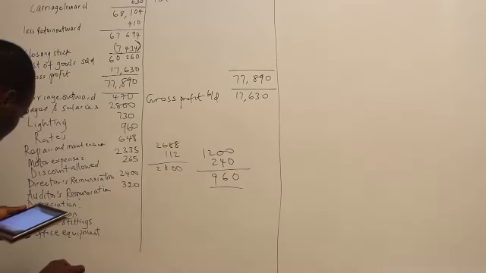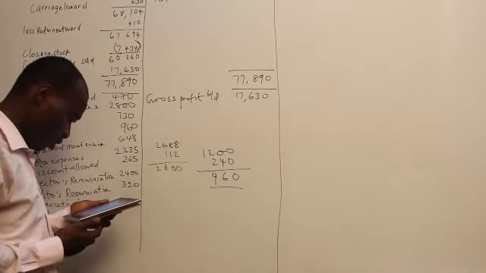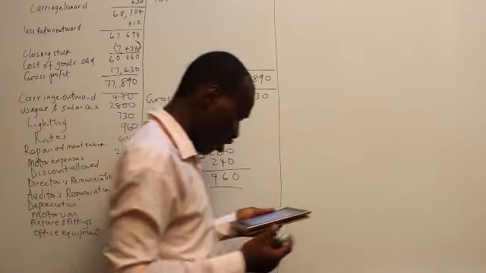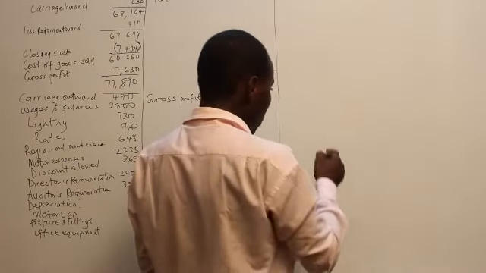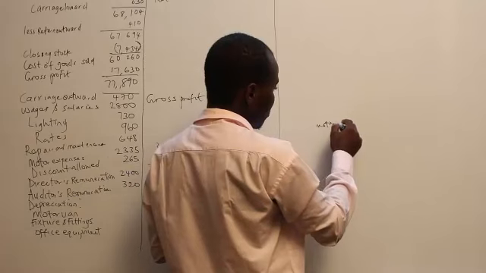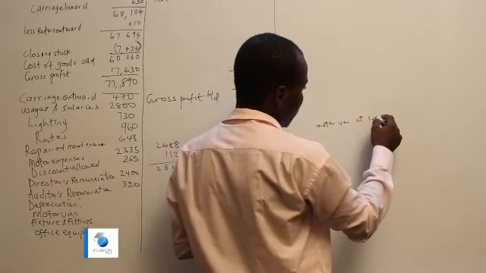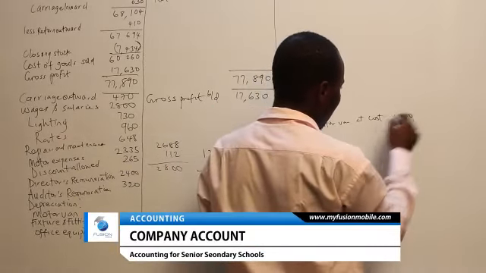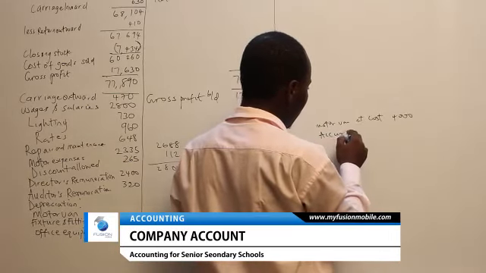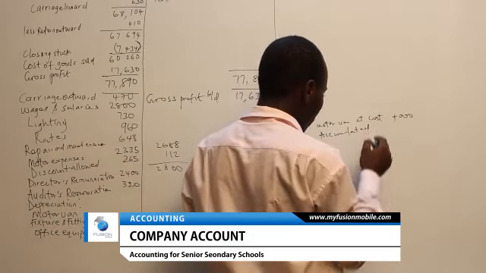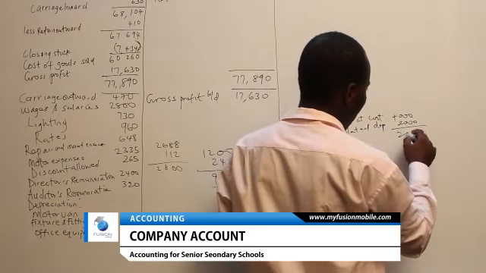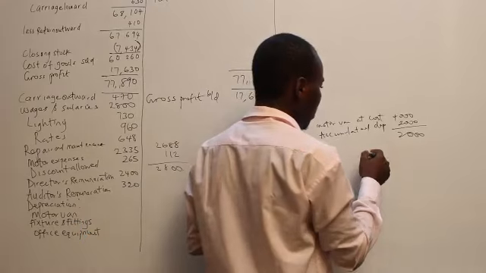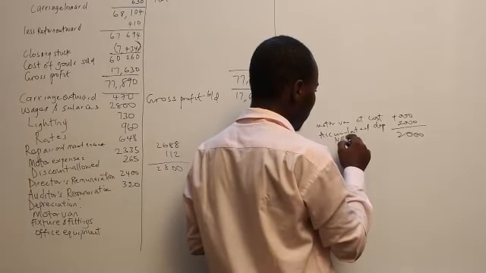So we also have depreciation. Motor van should be 25% on a reducing balance system. So motor van at cost is 4,000 naira. Accumulated depreciation before the year is 2,000 naira. So we are going to less that, which gives us 2,000 naira, the net book value.